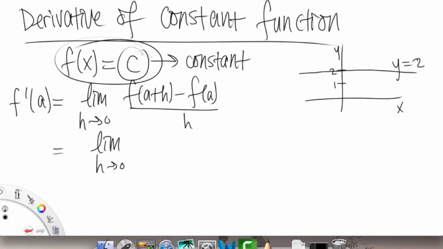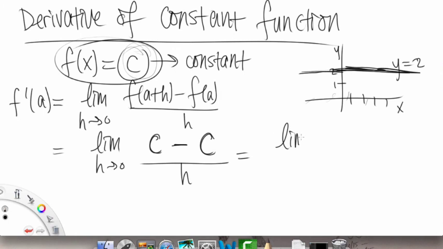We don't see an x here in the formula, so we're just going to write that constant there, because for the constant function, no matter what the x value is, we're still going to have this value, so 2 or c here. Okay, so then minus, if we plug in an a, that doesn't matter wherever that is on the x-axis, we're also going to get a c out. Okay, and then over h, so this will turn out to be the limit as h goes to 0 of 0 over h, and that'll just be a big 0 there.